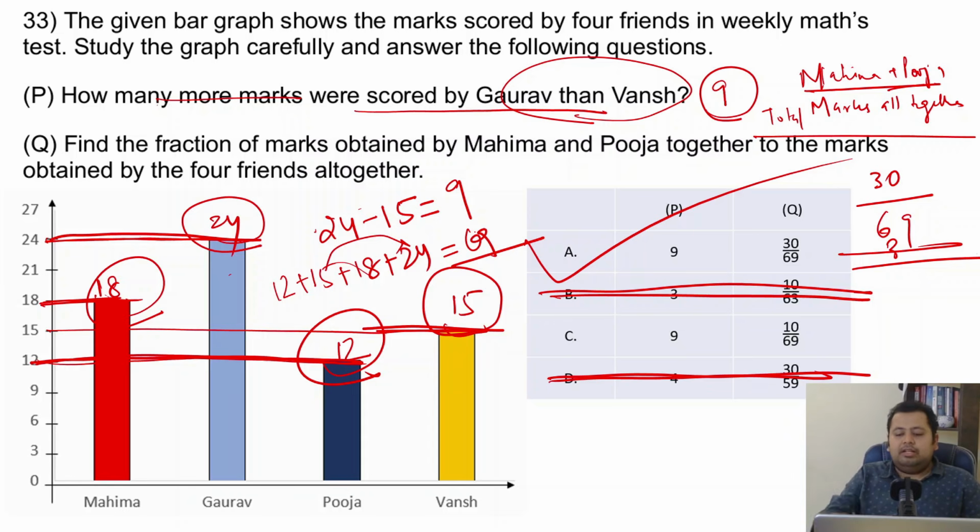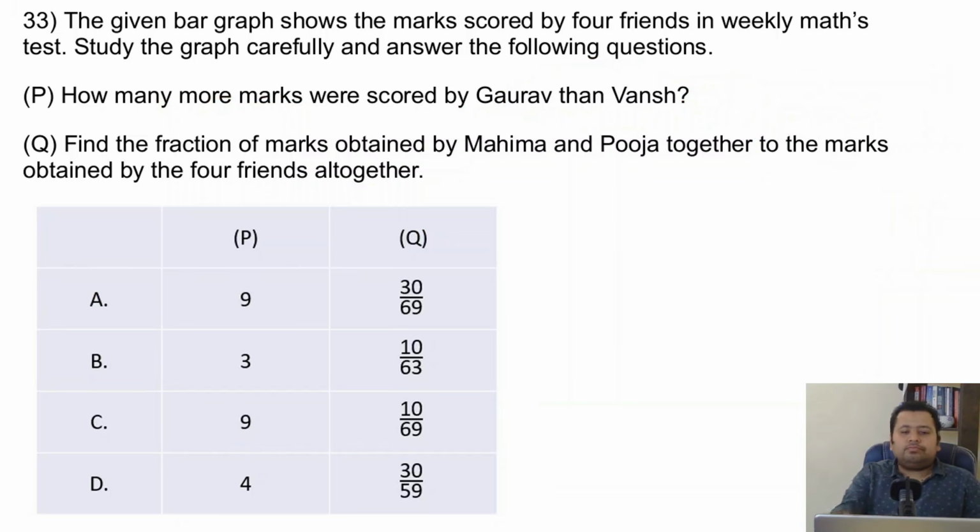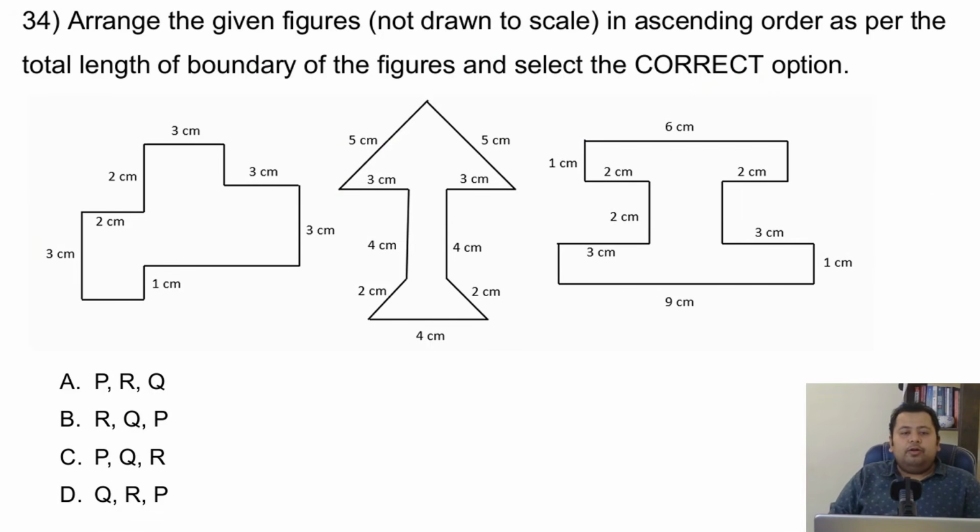And now we move to question number 34. Arrange the given figures, not drawn to scale, in ascending order as per the total length of the boundary of the figures and select the correct option. What it has asked you to do is add all these boundaries and find out what the total is. Do that for all three.